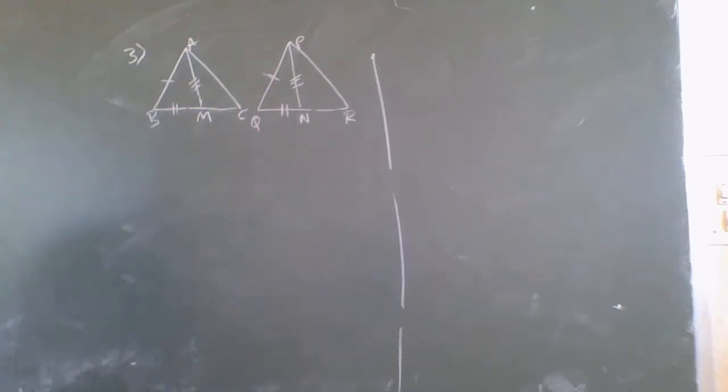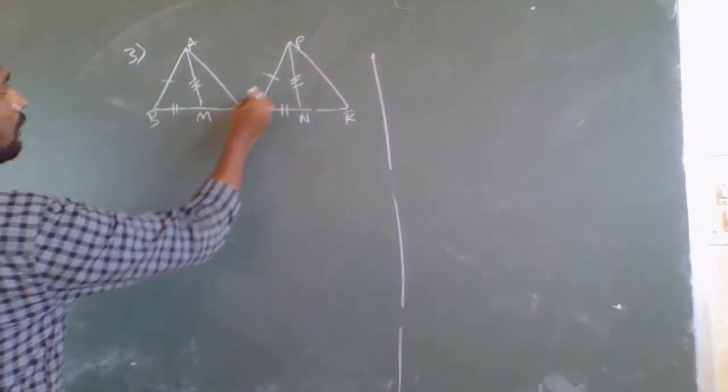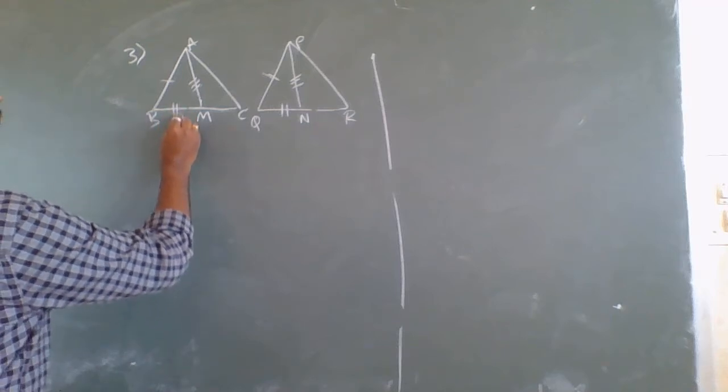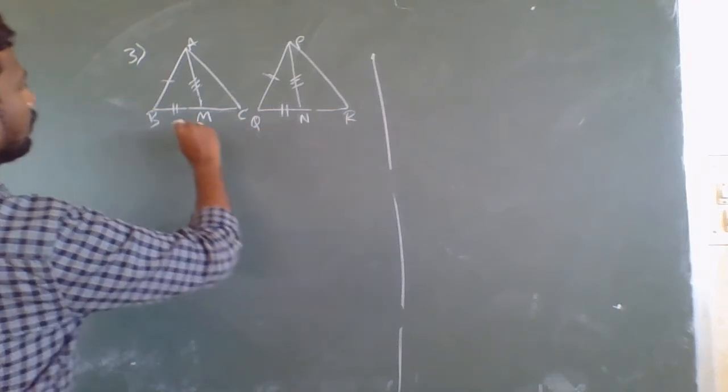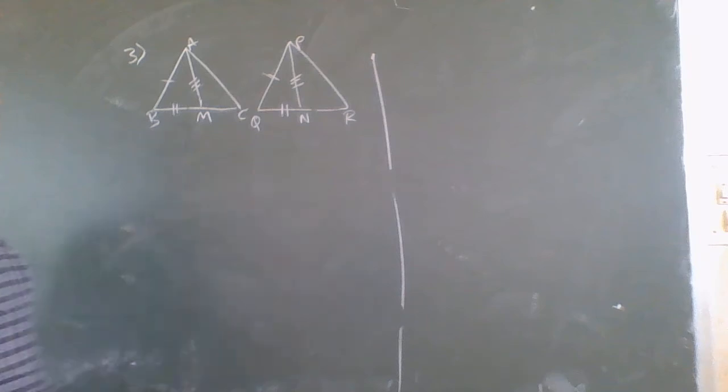What they have given here? AB and PQ, BC and QR, and AM and PN are equal.